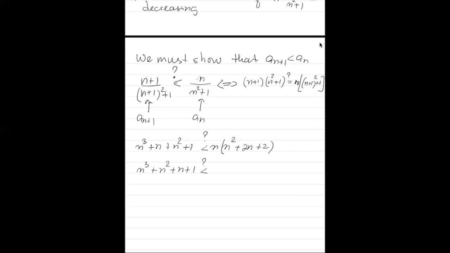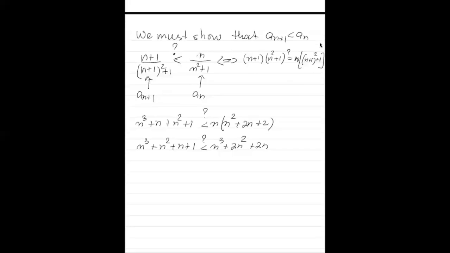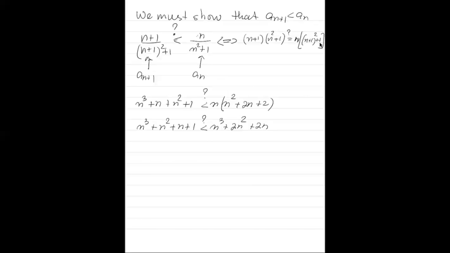We're trying to show that this is less than n times n squared plus 2n plus 2, which is n to the third plus 2n squared plus 2n. So let's cancel n to the third. There's going to be 1 less than n squared plus n. If we show this is true, then all of the inequalities are true.